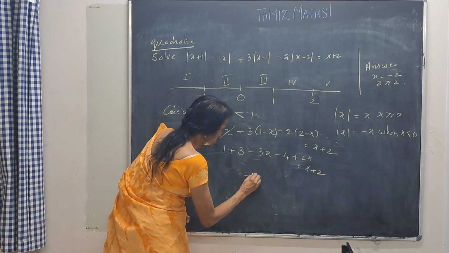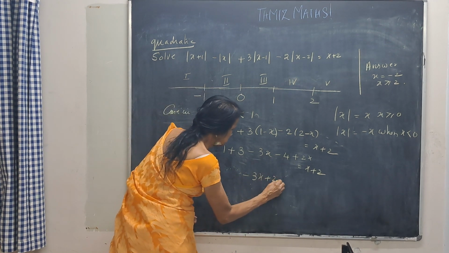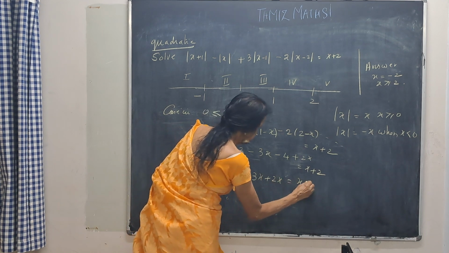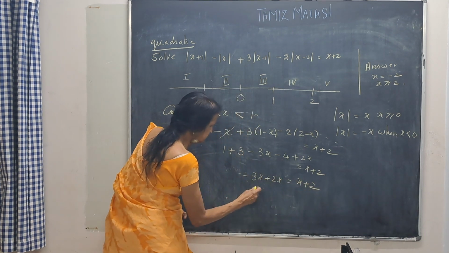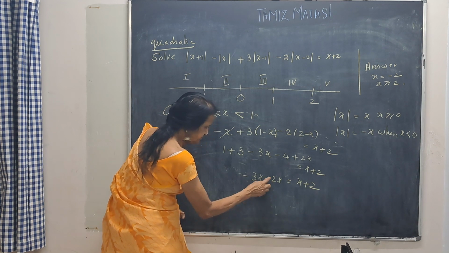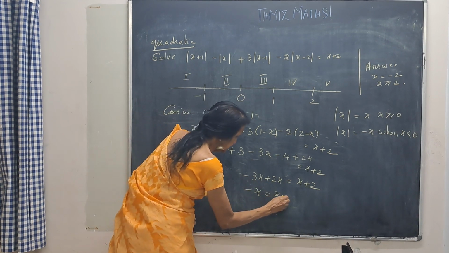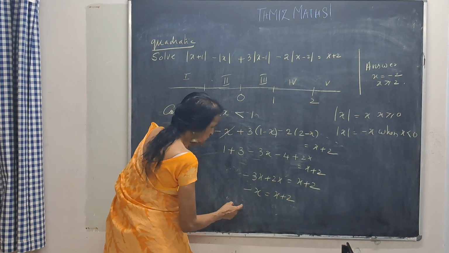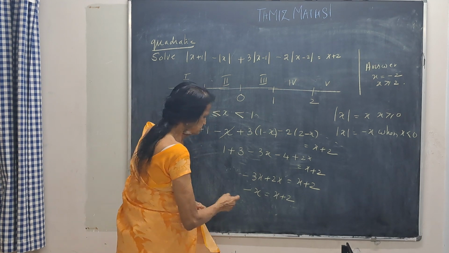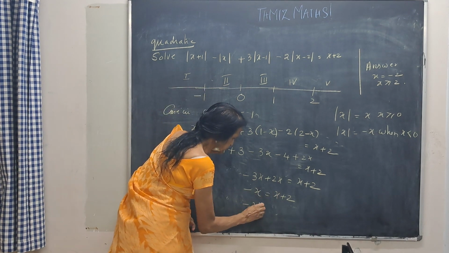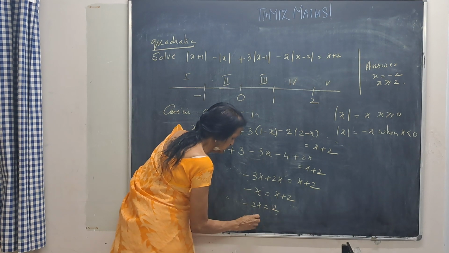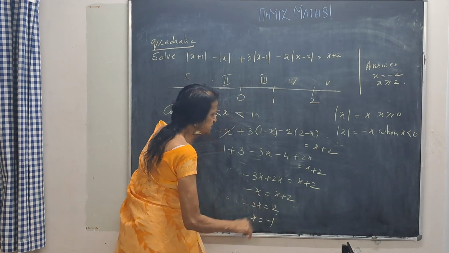So this is minus 3x plus 2x is equal to x plus 2. So what I get here, minus x is equal to x plus 2. Now bring this here, minus 2x is equal to 2, x is equal to minus 1.